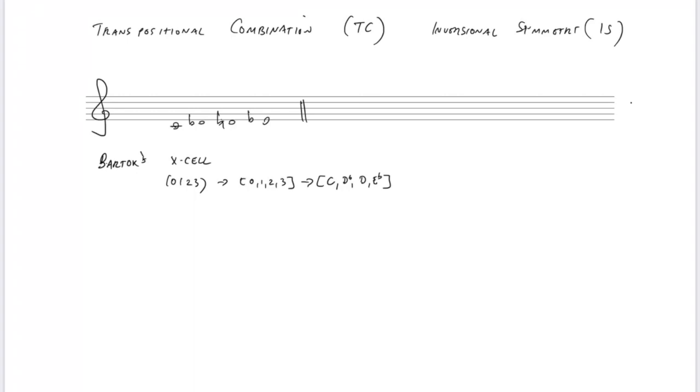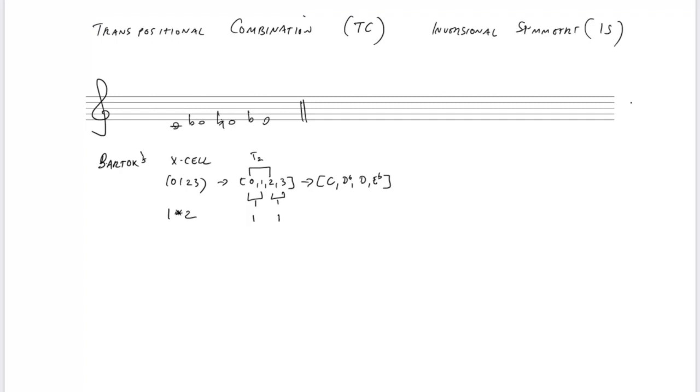If you look at it really closely, you will realize that we have a half step and another half step. And then if we look on top, we notice that this dyad has been transposed by T2. So in the transpositional combination notation that Straus suggests, even though it has the flaw that it doesn't really work for bigger sets, only for tetrachords, we call this one a 1 asterisk 2.